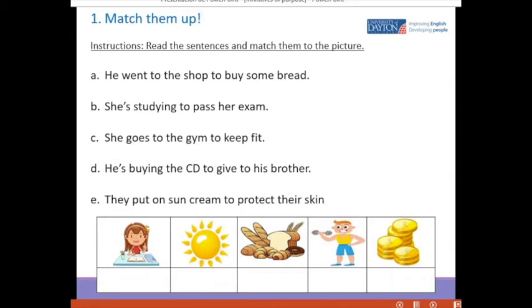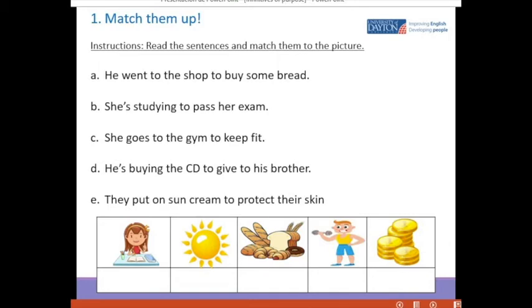The girl, the sun. Okay, letter B. She's studying to pass her exam. C. She goes to the gym to keep fit. Do you know this expression? Keep fit? Keep fit is to stay in good condition, in good physical condition.